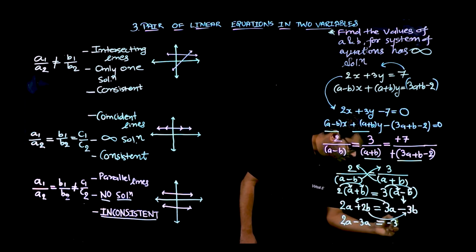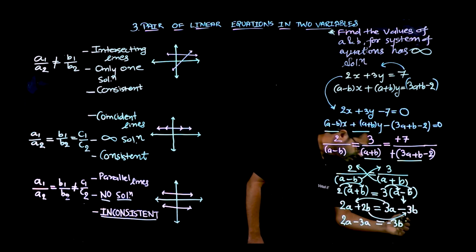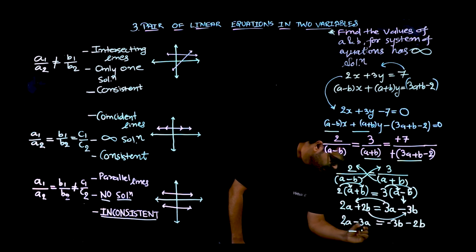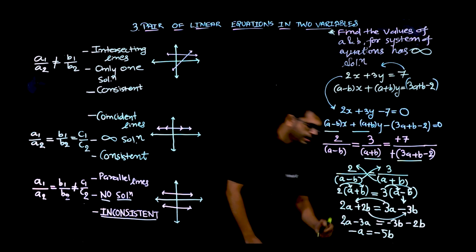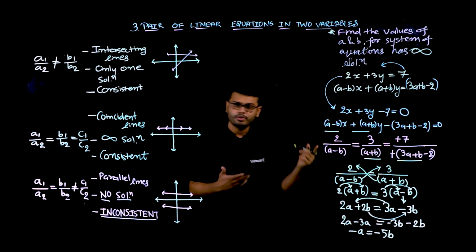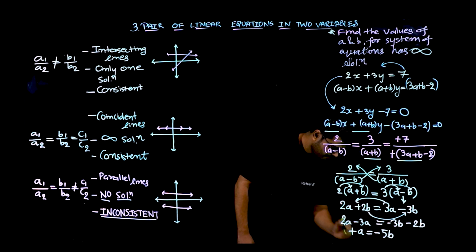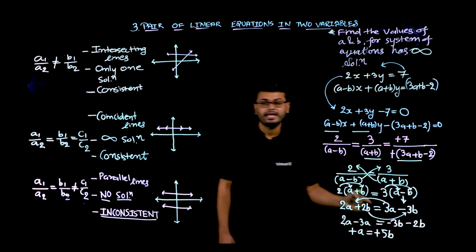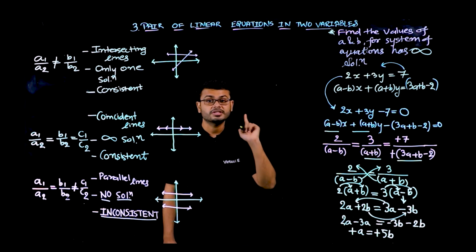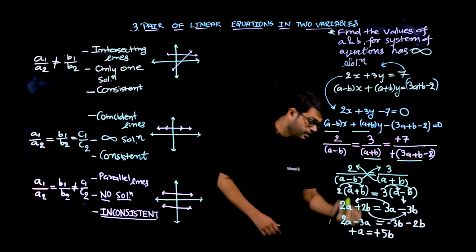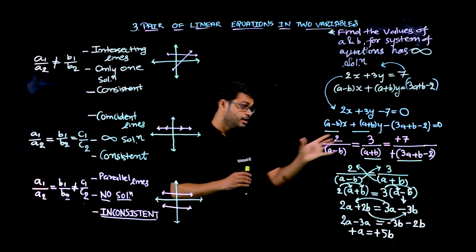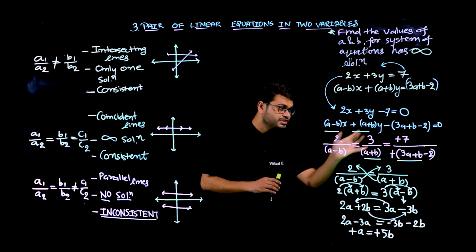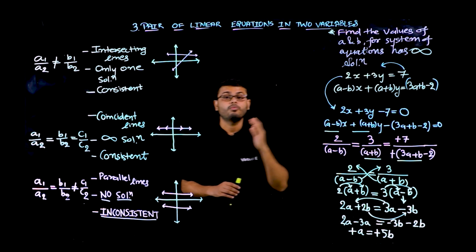Then minus 3b as it is, and plus 2b will become minus 2b. So minus a is equal to minus 5b, and this minus minus will become positive. So I can write a is equal to 5b. This is my first relation. I have not got the value of a and b, I have a relation with me. So after simplifying the first and second term, now what I am going to do?